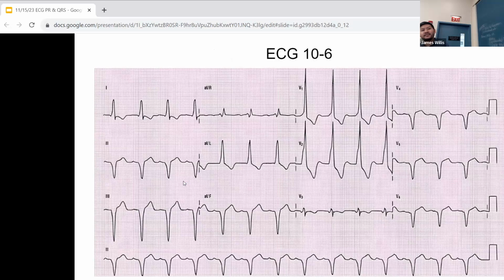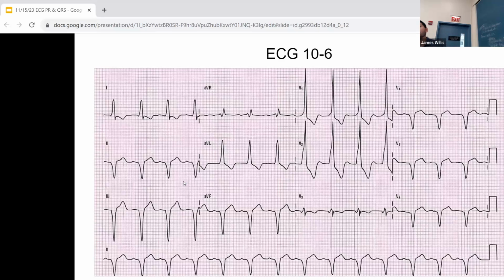All right, what's going on in here? It seems like a sinus rhythm.